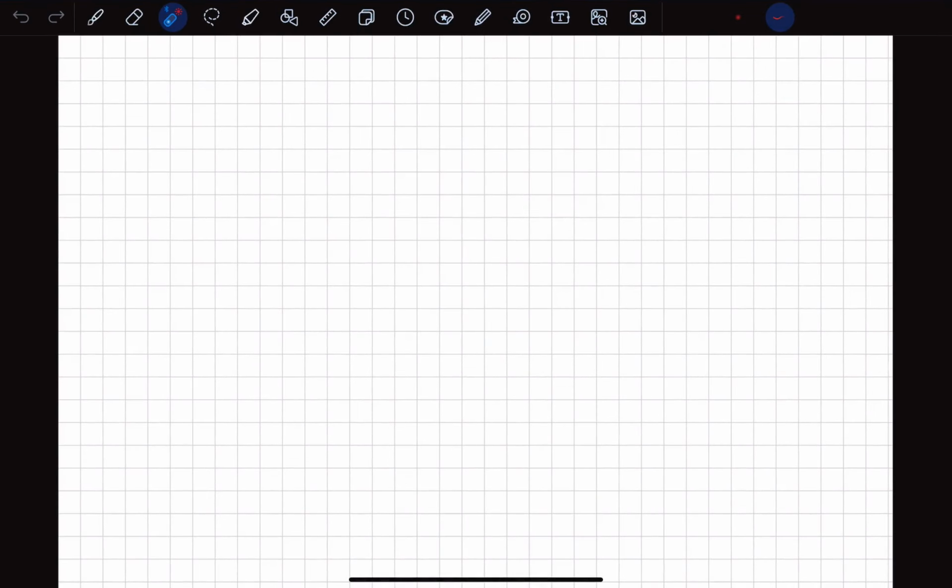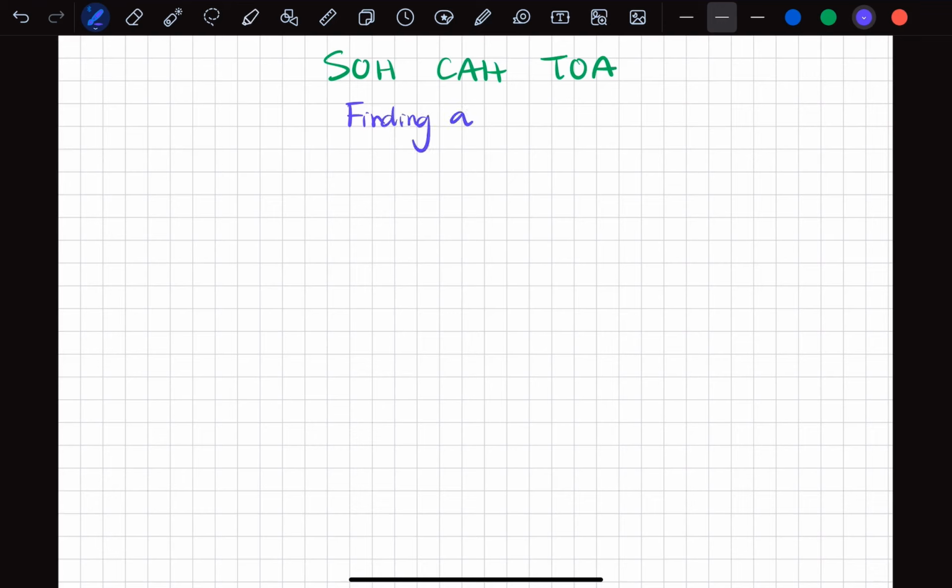All right, y'all. So, today I want to go over some of that sweet SOH CAH TOA stuff we've been going over, but specifically understanding and building up on how we solve this kind of thing when we are finding a missing side, right?